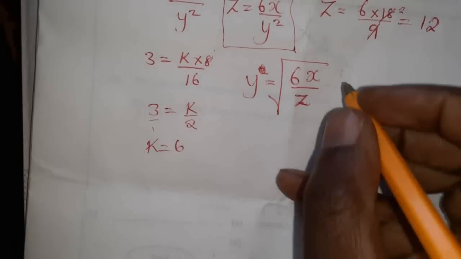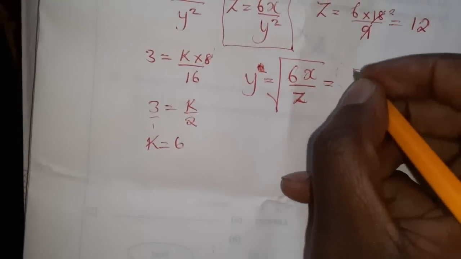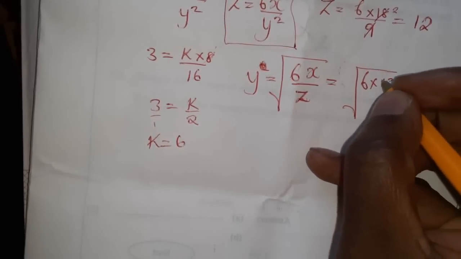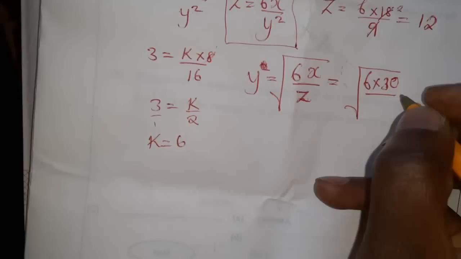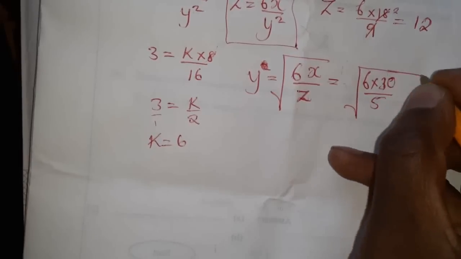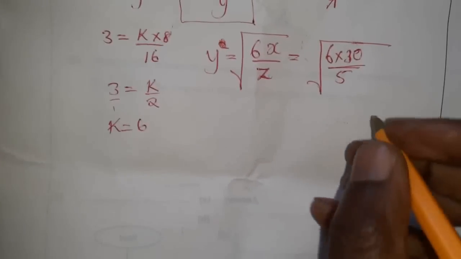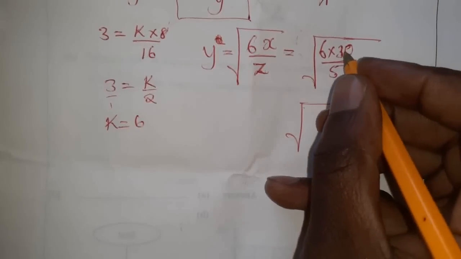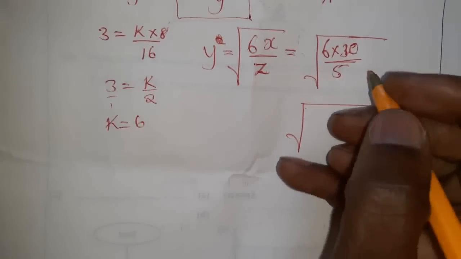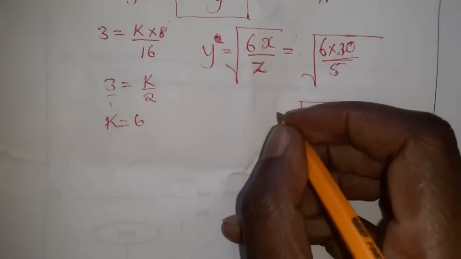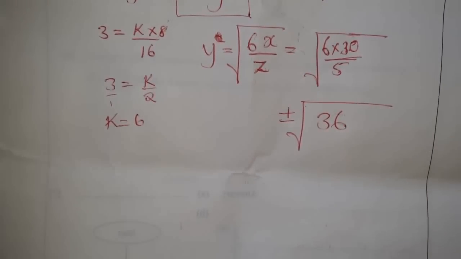So now we can say the square root of 6 multiplied by 30 over 5. 5 into 30 is 6. 6 multiplied by 6, we get 36.